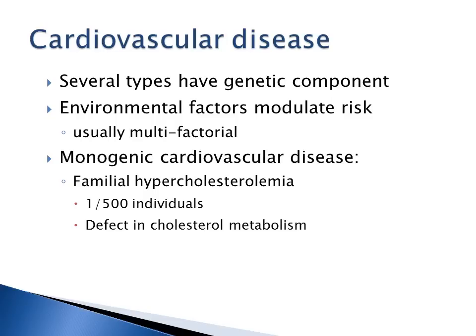There may be a genetic component, an environmental component, and all of these things may come together to cause cardiovascular disease, which makes it a little more difficult to study. There are monogenic cardiovascular diseases, such as familial hypercholesterolemia. That one is due to one gene, and 1 in 500 individuals has this disorder.